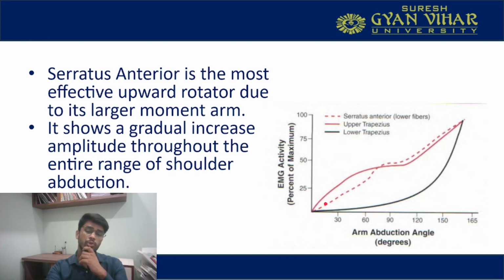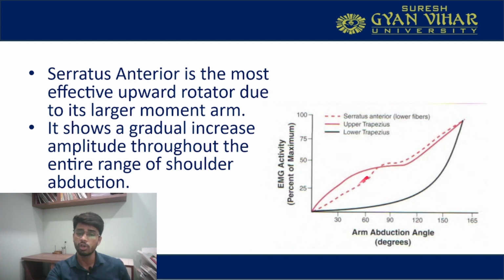You can notice that the serratus anterior force is always increasing with the abduction angle. This red is your upper trapezius. This is acting all the time, and also your serratus anterior, which is this dotted line, is also acting at all angles.